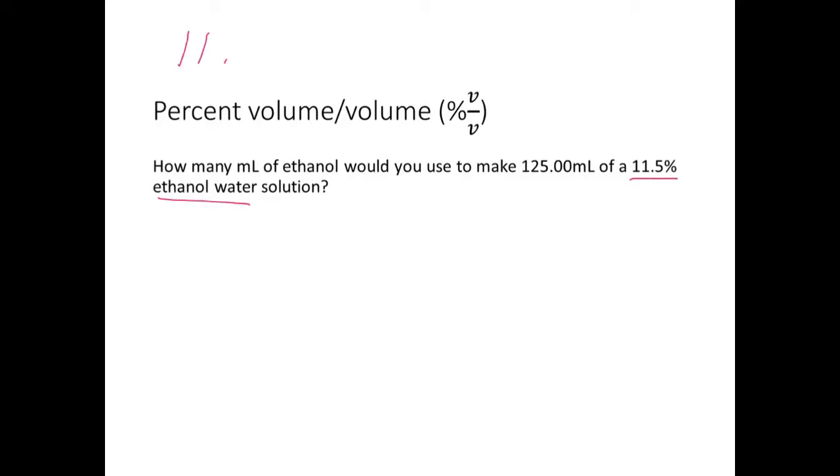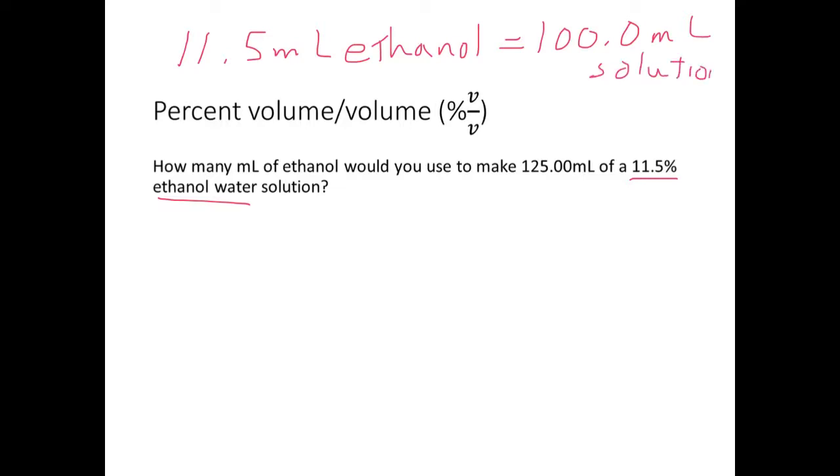So we know that we have 11.5 milliliters of ethanol for every 100 milliliters of solution we have. We're back at that chemistry cap principle, right? Whenever you hear a per, you have a conversion factor. So 11.5% is a conversion factor to go from ethanol to milliliters of solution.